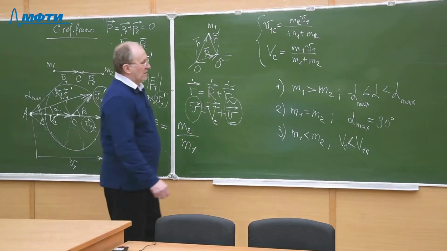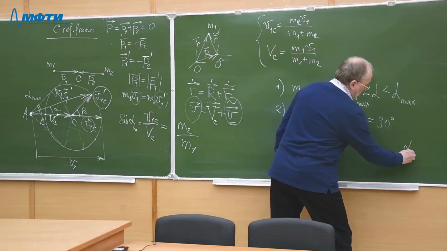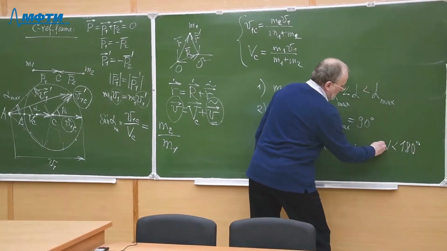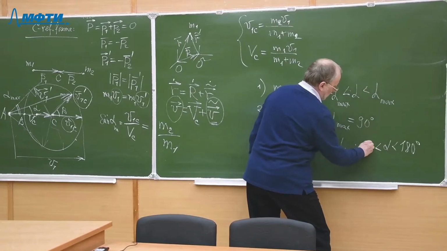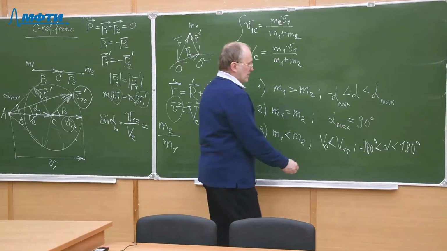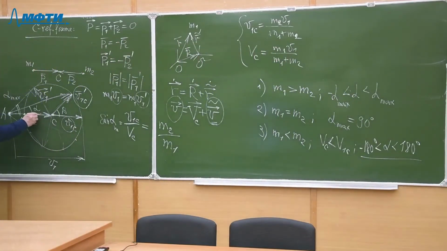It's not moving, so the center of mass practically doesn't move in this case. And then the possible angles of deflection will be from minus 180 to plus 180 degrees. So this particle can be deflected by any angle, small angles and large angles, and 90 degrees and more than 90 degrees and even 180 degrees.